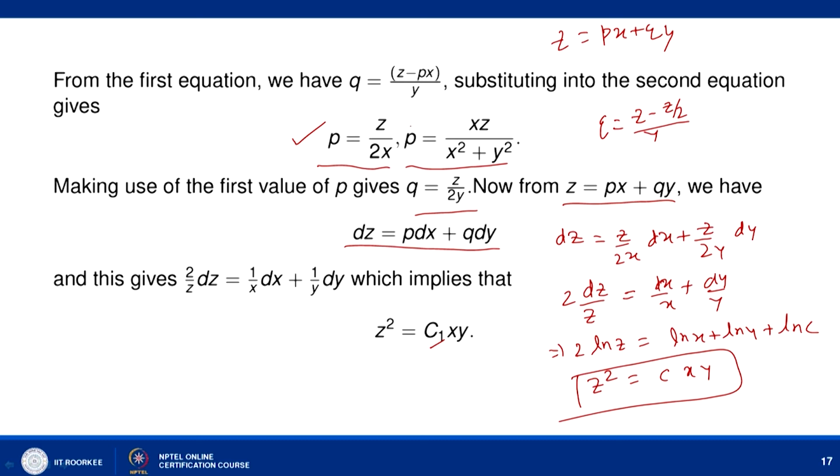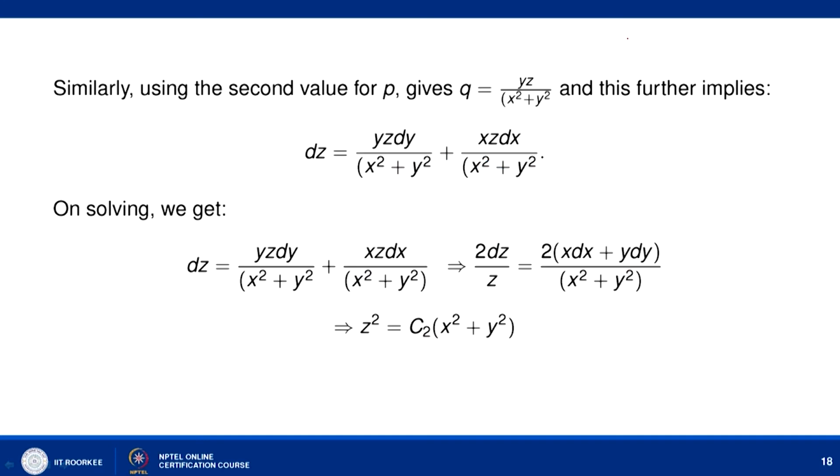Now, if we use the other value, xz upon x square plus y square, as p, then you can write p as xz upon x square plus y square, and q is what? Q is z minus px upon y. So, let me write it here, z minus px. So, I can write x square z upon x square plus y square, divided by y.